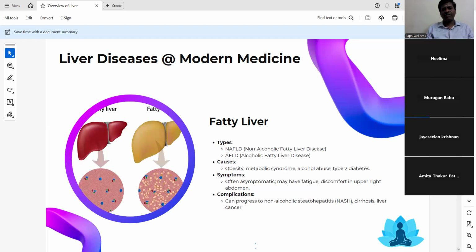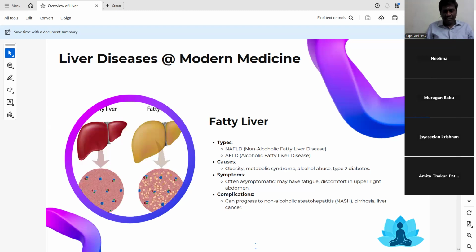In case of fibrosis, cirrhosis and so on, they go for FibroScan, or if they suspect a cancerous one, they go for biopsy. So these are the diagnostic tools available to study the prevalence of fatty liver.